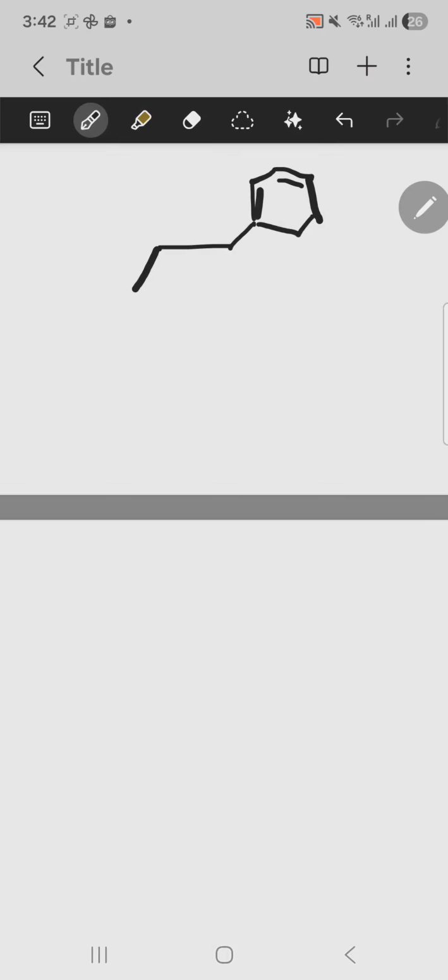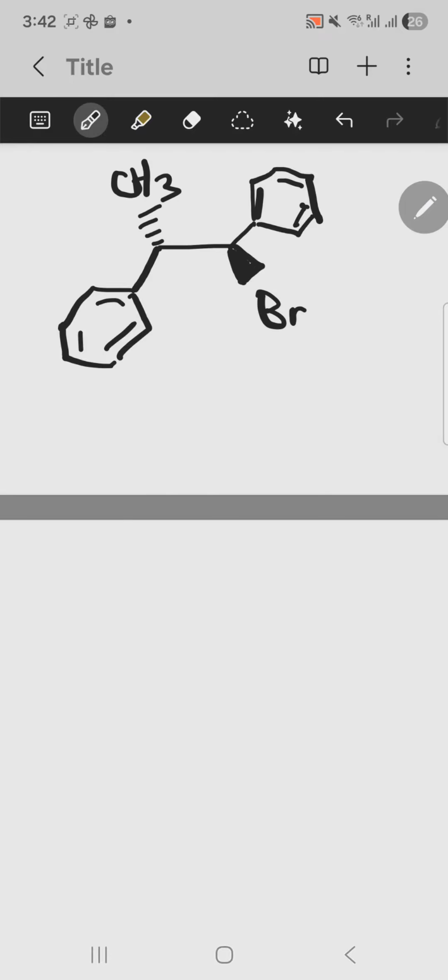Let's rewrite again the molecule. Here is phenyl. It might be already clear. This is a phenyl group, right? And then we have bromine group as the leaving group, and we have methyl group here.